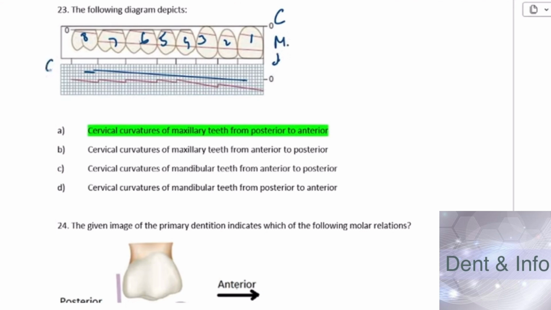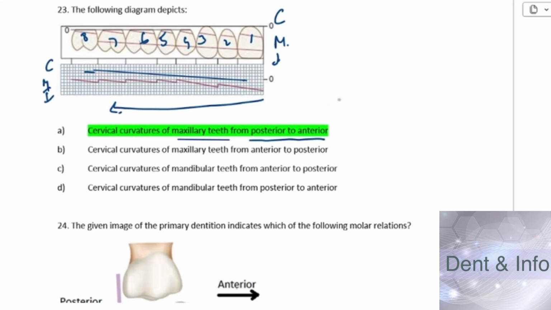So in the graph, something is moving towards incisal, or if I read it the opposite way, from anterior to posterior, this is going in the cervical direction. So which option fits the best? The cervical curvature of the maxillary teeth from posterior to anterior. In the graph, it is going more towards incisally.